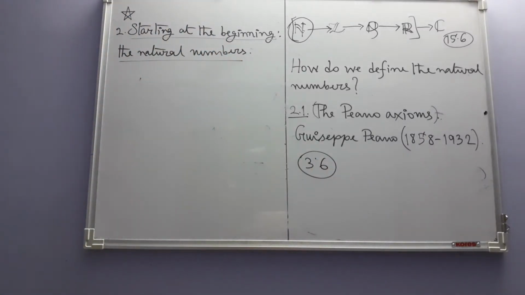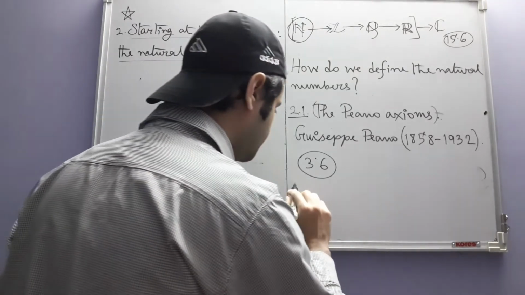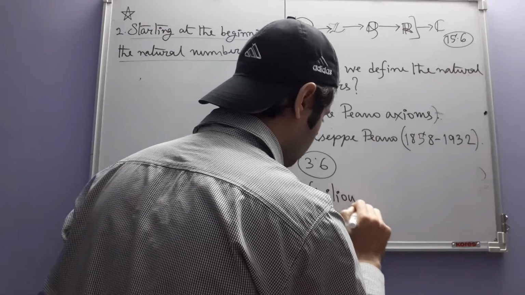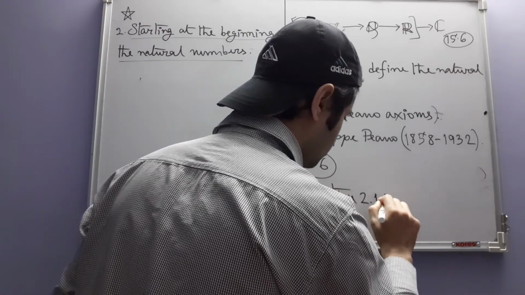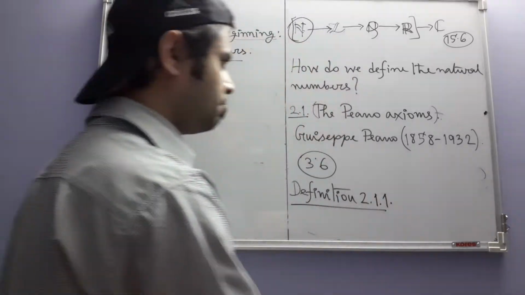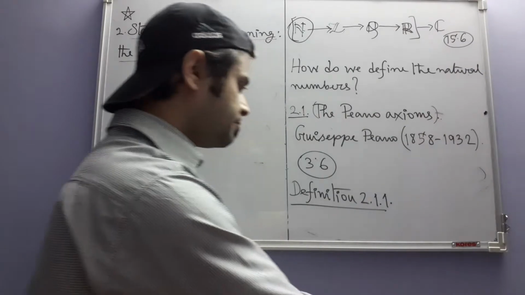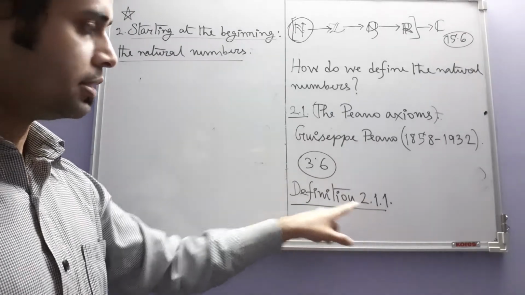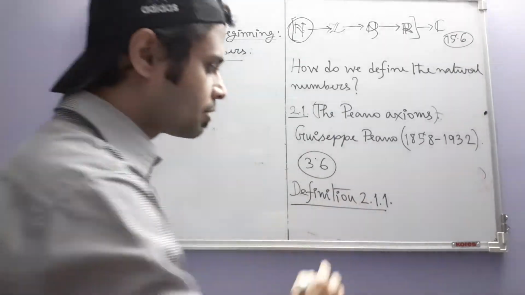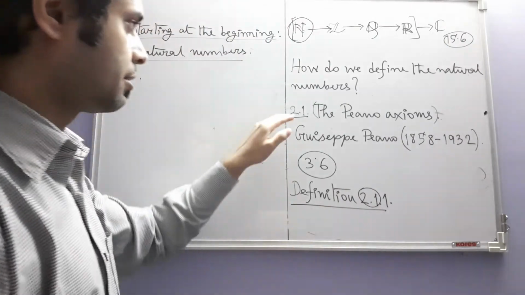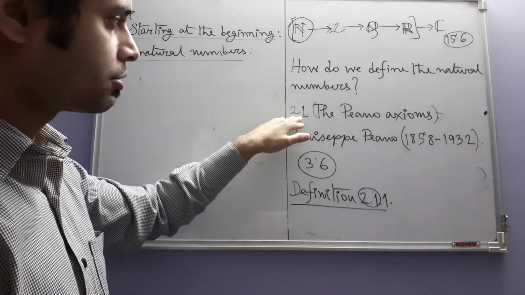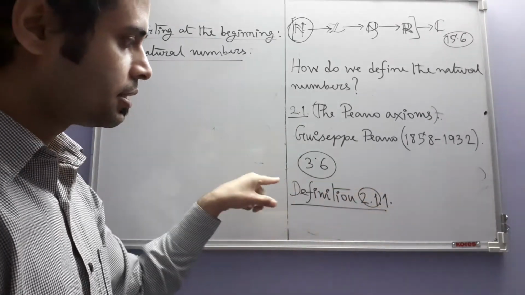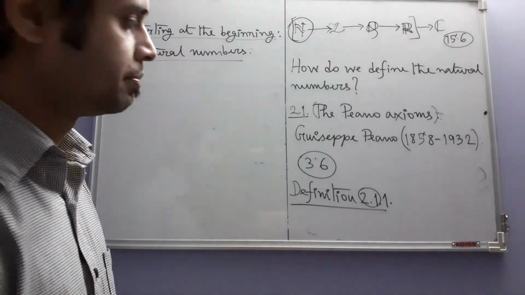Okay, now let us start with the definition. Definition 2.1.1. What I wanted to say is about the numbering of these items. 2.1 of course denotes that it belongs to section 2.1. Now this last number 1 means this is the first item of this section.